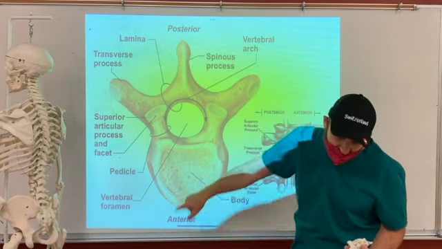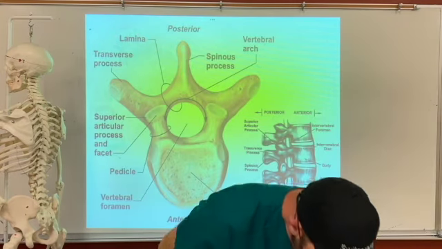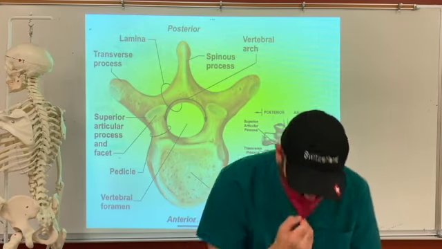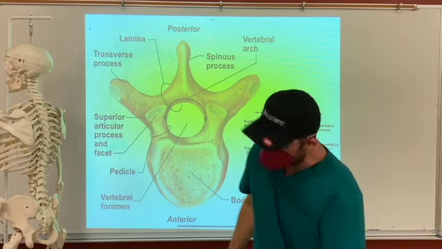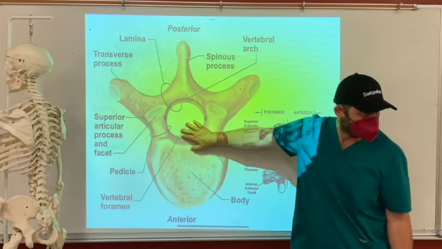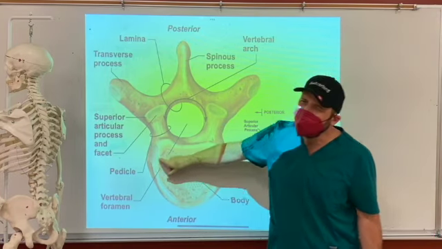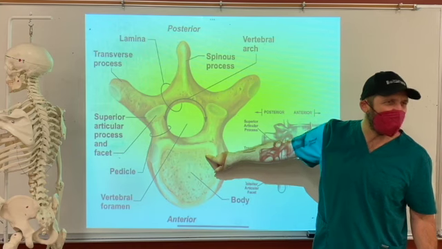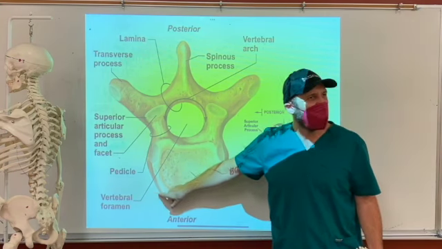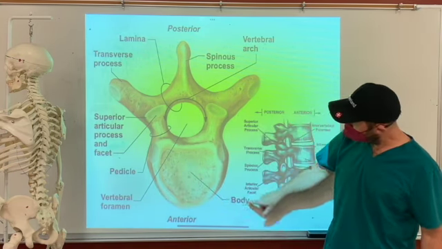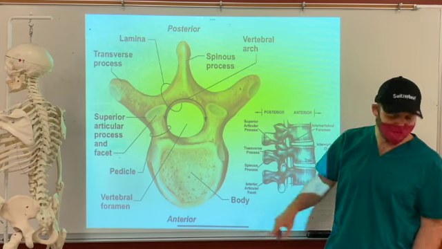Alright? So when you look at your list, you have some terminology over here. We have on the vertebra, it says, this is the vertebra. It says body. The big thing, usually the biggest part of a bone, very often we call that a body. The body of the vertebra.